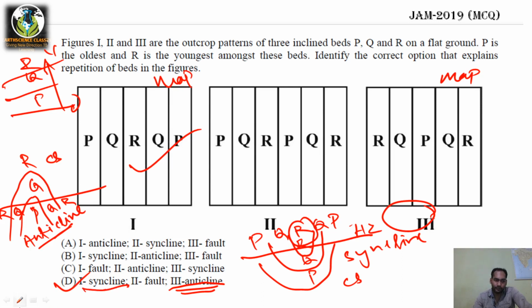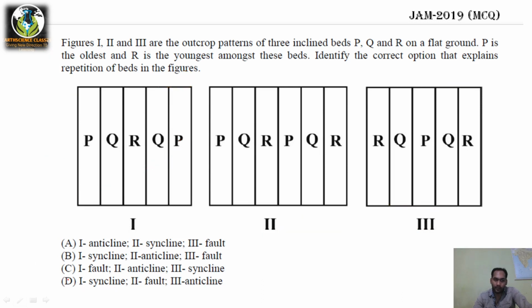Then coming to the second one, how does the second one take place? We know from the option itself that this is a fault. The first one is syncline, the third one is anticline, so the second one is fault. So how do we interpret it? As you can see, I have told it here.